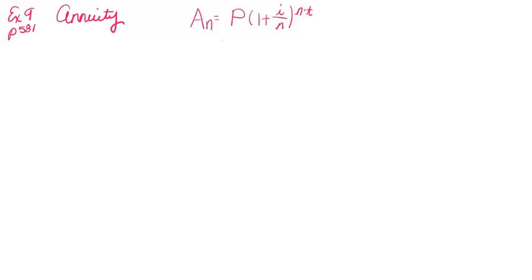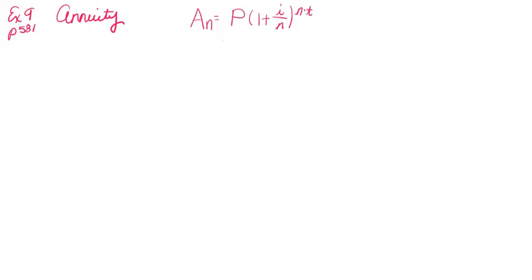Now you will recall the compound interest formula that we have learned before, where you would say the amount that you've earned is equivalent to the principal times 1 plus the interest rate divided by the number of times a year it's compounded, all of that raised to the number of times it's compounded total.